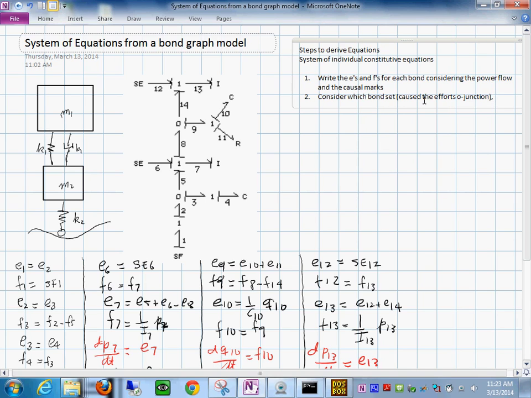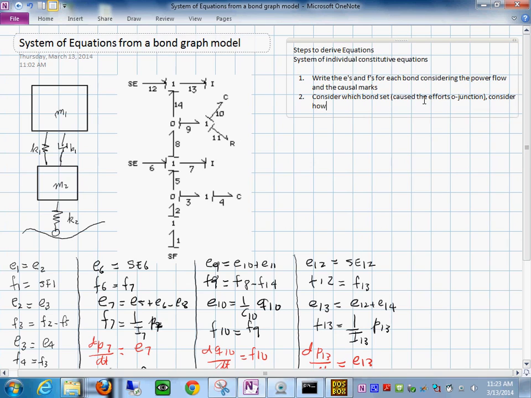Also consider how the flows will add. And at the same time, number 3, I'm going to say consider which bond, or you could say set, or caused, the flows.